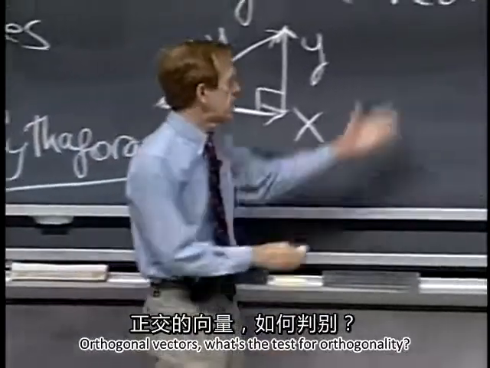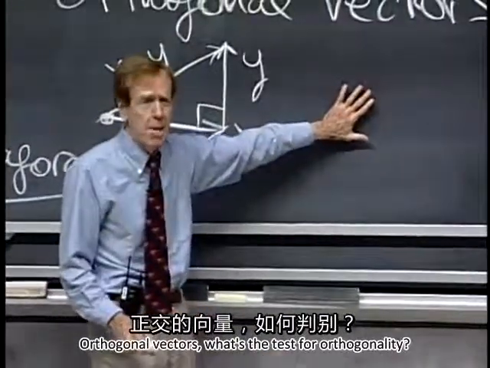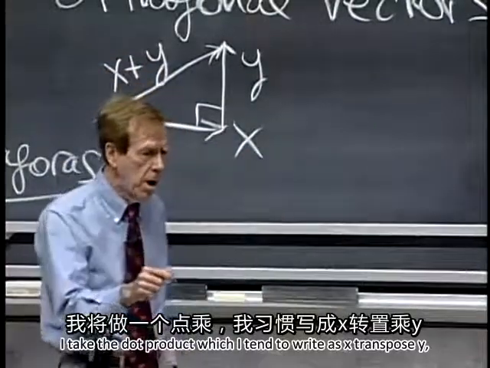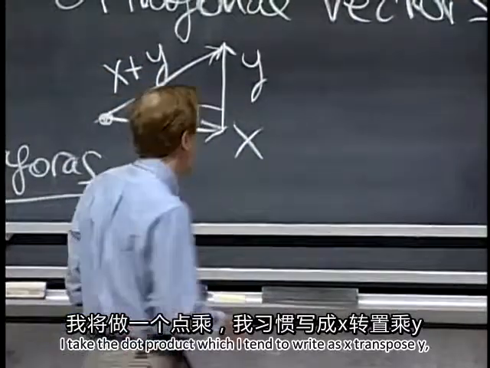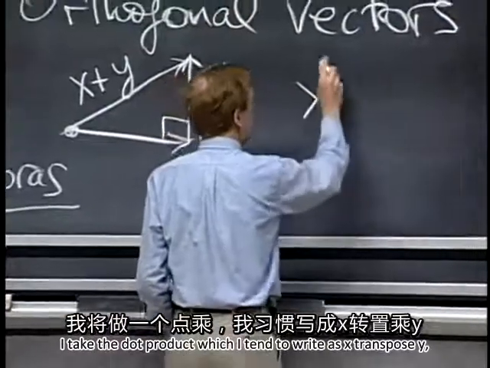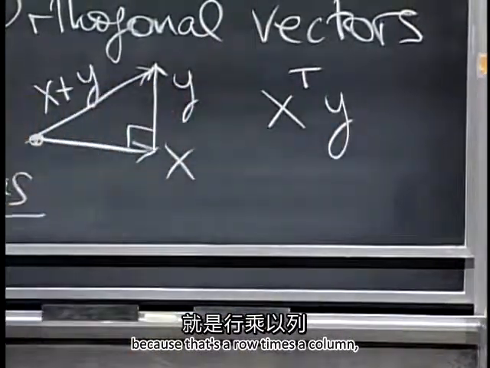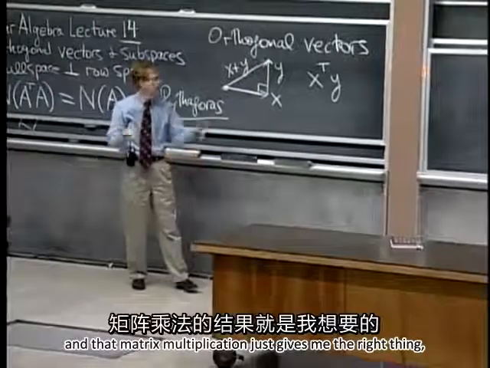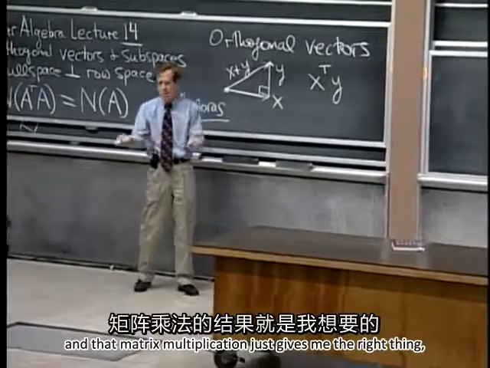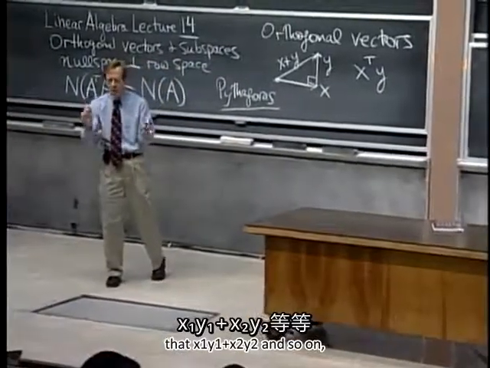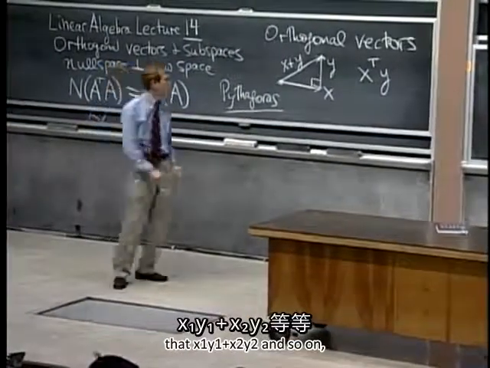Orthogonal vectors, what's the test for orthogonality? I take the dot product, which I tend to write as x transpose y, because that's a row times a column, and that matrix multiplication just gives me the right thing, x1 y1 plus x2 y2, and so on.